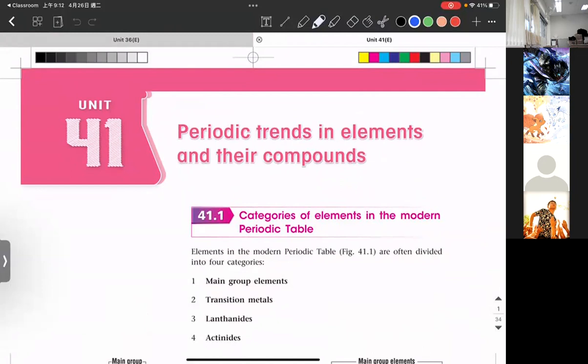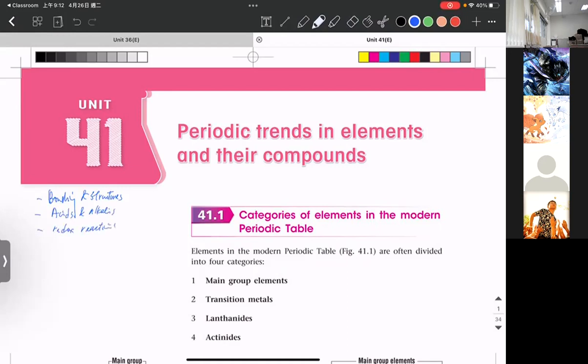For example, bonding and structure. Now we visit some similar topics here. What else? You may find acids and alkalis. Also, you may get redox reactions inside.